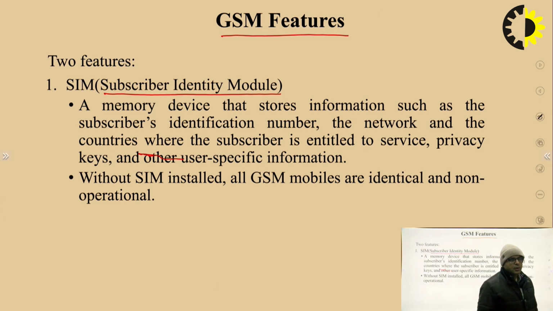A subscriber identity module is basically a memory device that stores information such as subscriber identification number, network, the country where the subscriber is entitled to utilize services, privacy key, and other user related specific information.